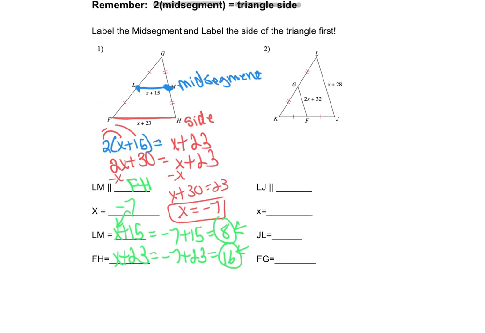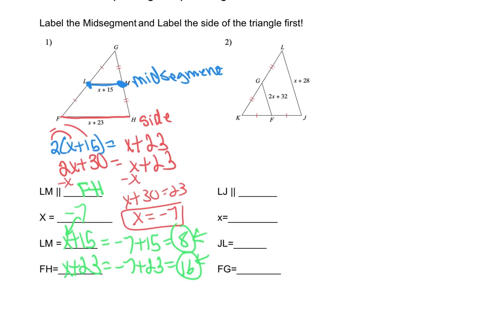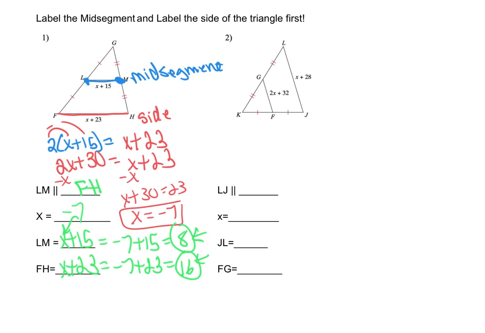Okay, and then let's just look at one more here. This one's just turned a little bit on its side, it looks like. So we have LJ. Okay, LJ is here. This again is the side of our triangle, and GF is our midsegment, and LJ is parallel to FG.